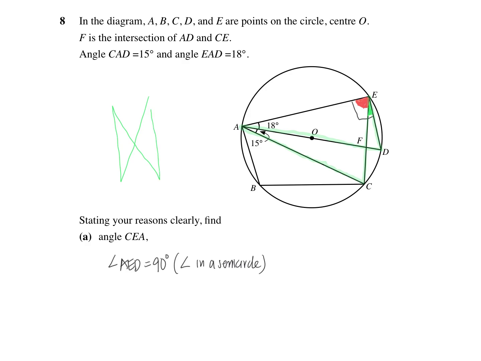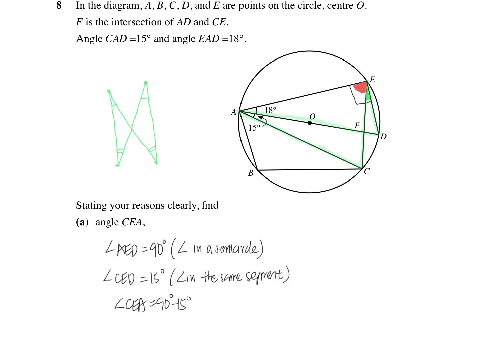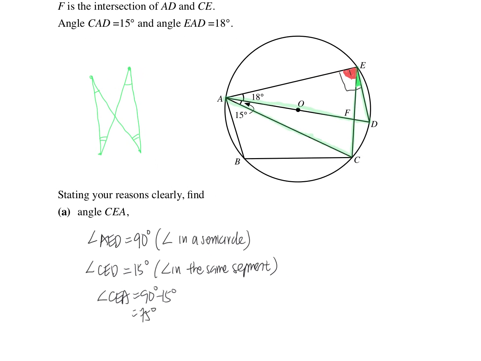If you have all 4 points touching circumference, then the same part of the wing has the same angle. So I can write down angle CED is 15, angle in the same segment. And then finally CEA is just 90 take away the 15. So 75. This one got no reason because it's just the difference. So this red angle is 75 degrees.